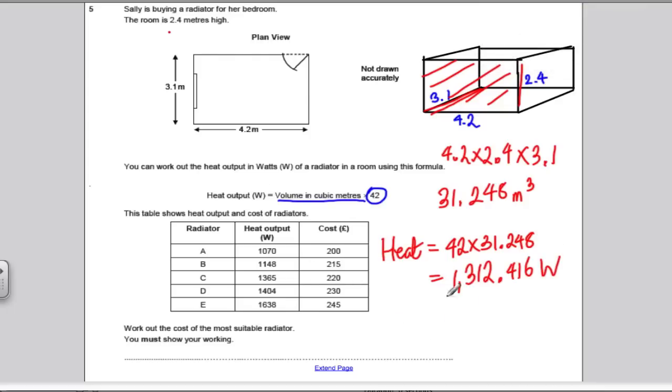So the room is going to have an output of 1312. Which radiator does it for you? Well, A doesn't, it only gives you that output. B doesn't, it's not enough. And C does. So work out the cost of the most suitable radiator. Well, the radiator is radiator C, and the cost is £220, and that will do the trick for you.